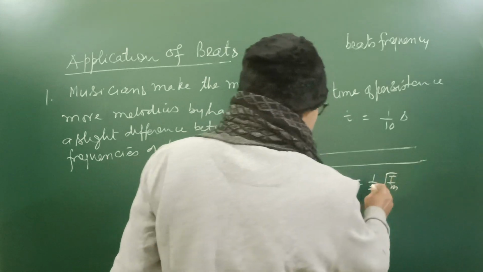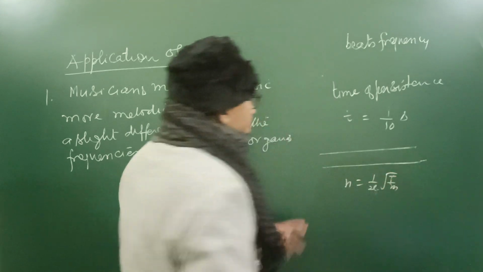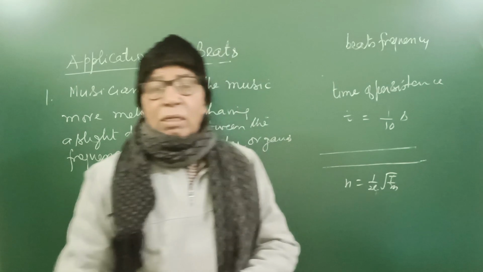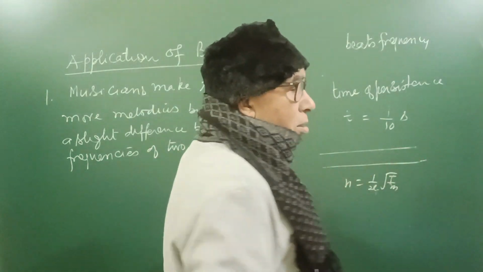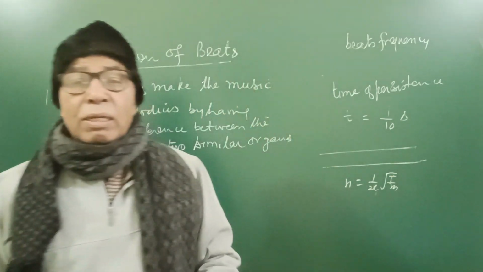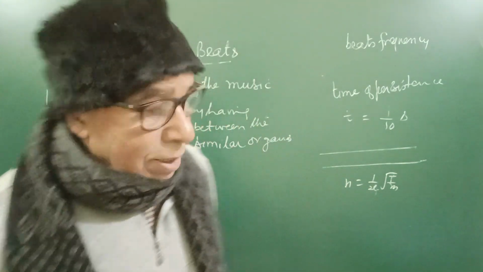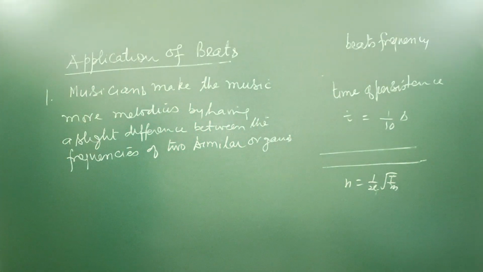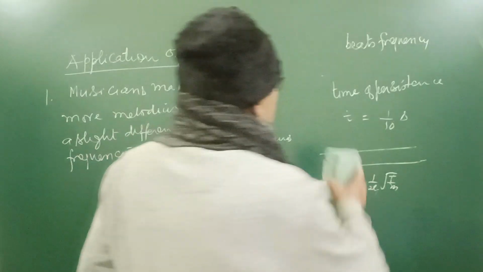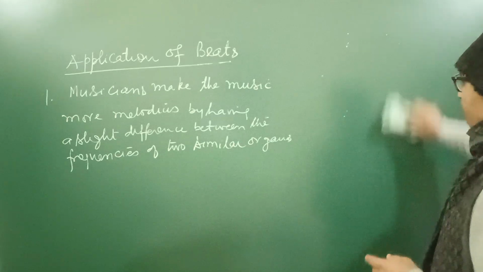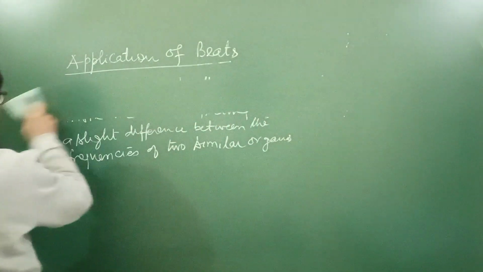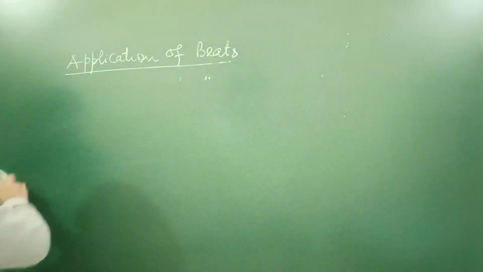Either you change the tension or you change the length. If two wires are under the same tension, then by having a slight difference in length we can change the frequency. So musicians make their music more melodious by having a slight difference between the frequencies of two similar organs.